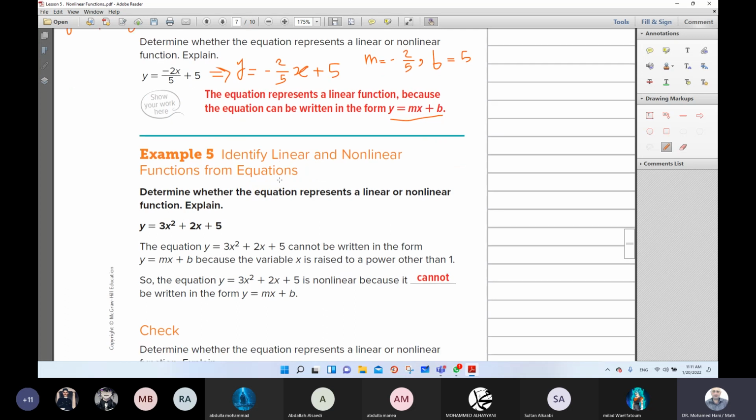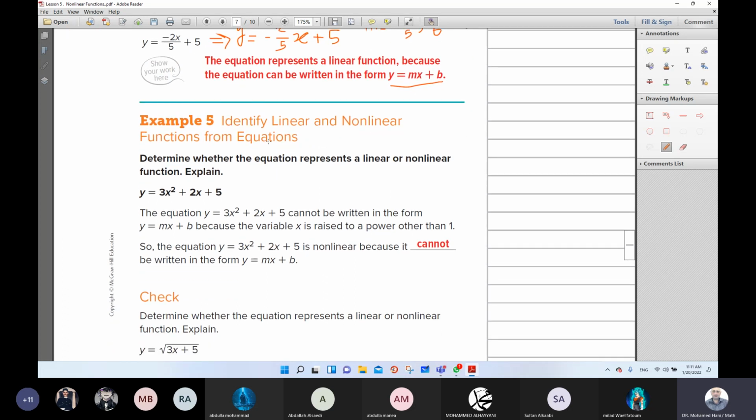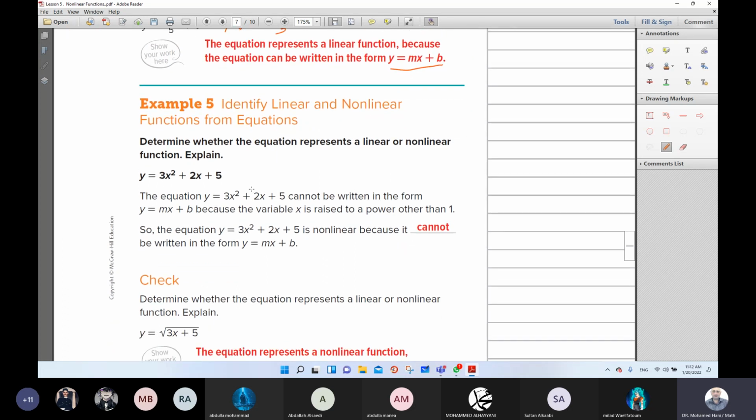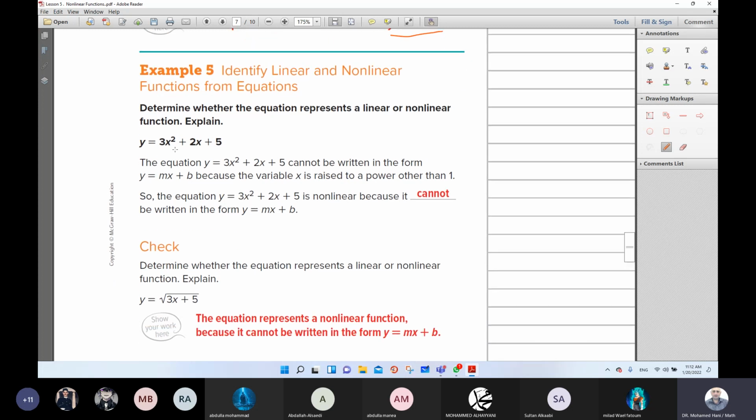Identify linear and nonlinear functions from equations. Determine whether the equation represents a linear or nonlinear function. Explain. As you see in this equation, we have x squared. If the degree of the variable is more than 1, it means nonlinear.